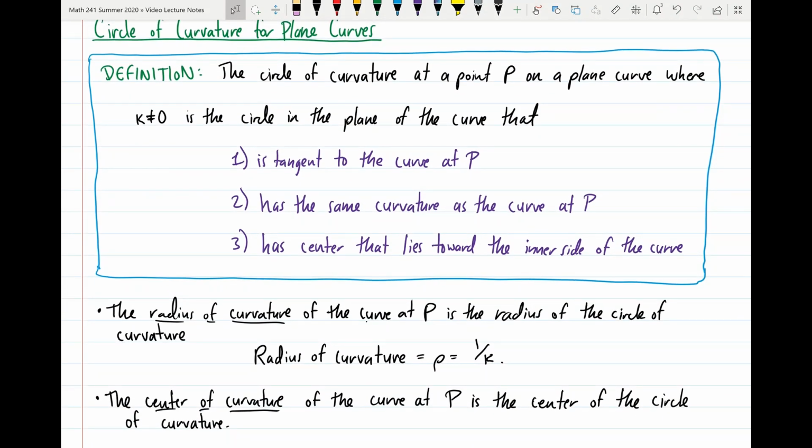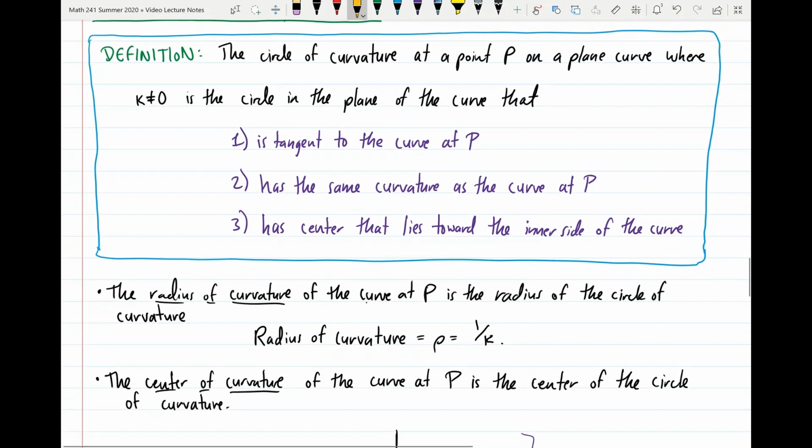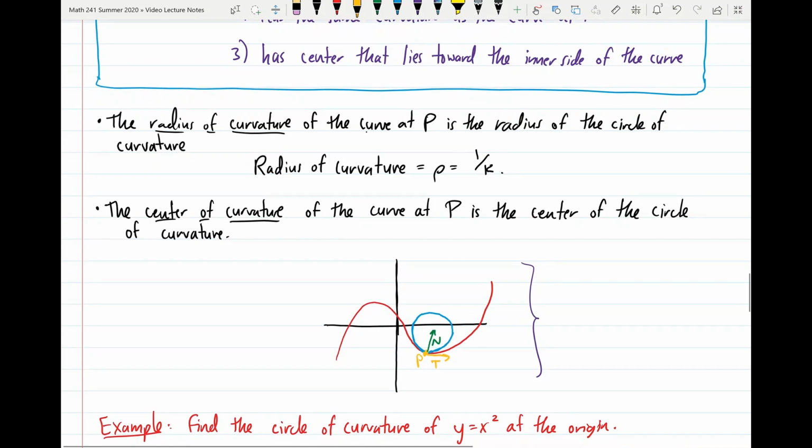So the first is that it's tangent to the curve at P, which we saw before. Second, it has the same curvature as the curve at P. And third, it has a center that lies toward the inner side of the curve. So that last property is what I meant by the fact that the circle is lying on the side of the curve so that the curve is turning in towards the circle as opposed to turning away from the circle.